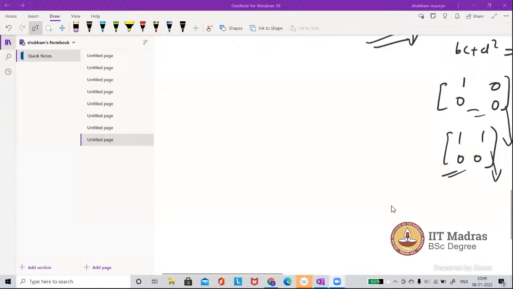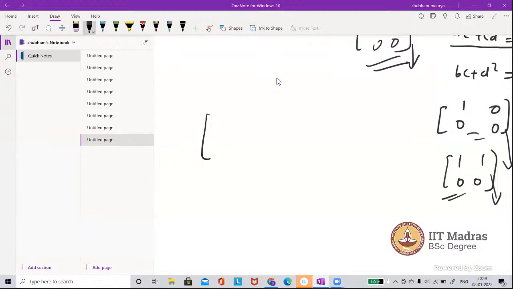So row echelon form, I'm writing like this. Let's say I'm taking the shape like this. So this is 0 and this is 0, and let's say this is 1 here and 0 0 0. So this is actually row echelon form.